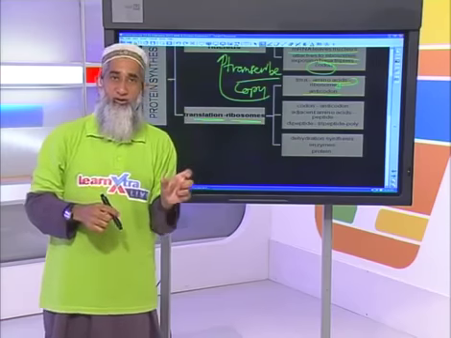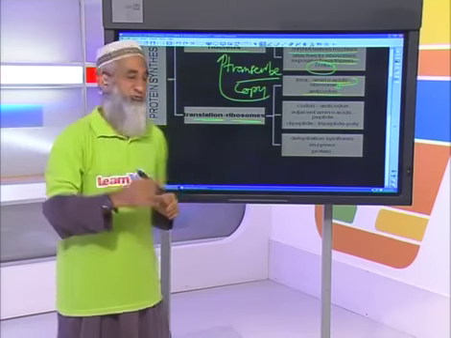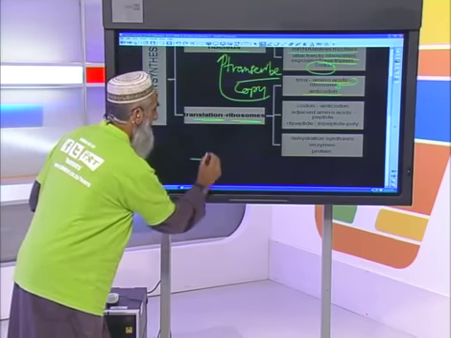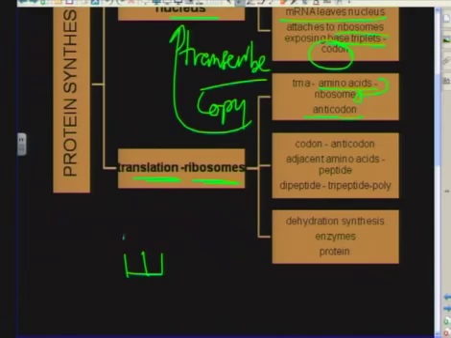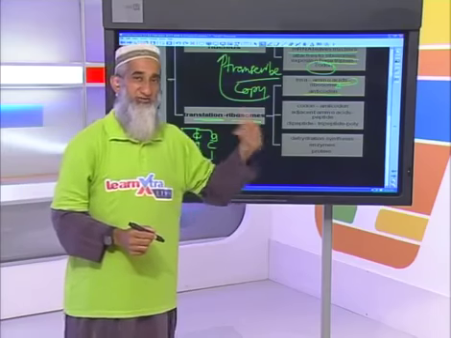But the codon and the anticodon must match. So in other words, if we have here the codon being A, G, C, then the anticodon that comes here should be U, C, G. Remember from our base pairing from last week.